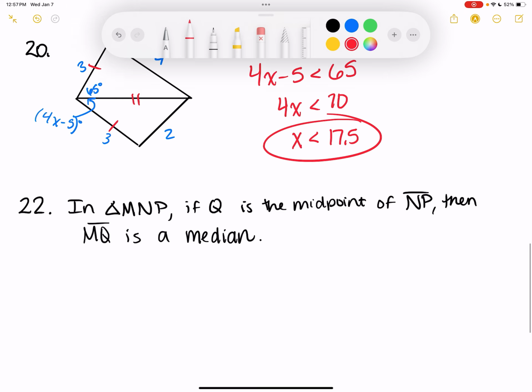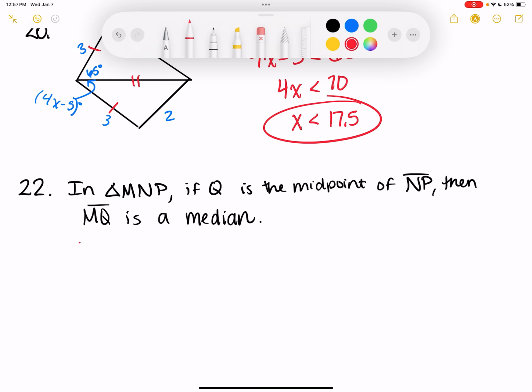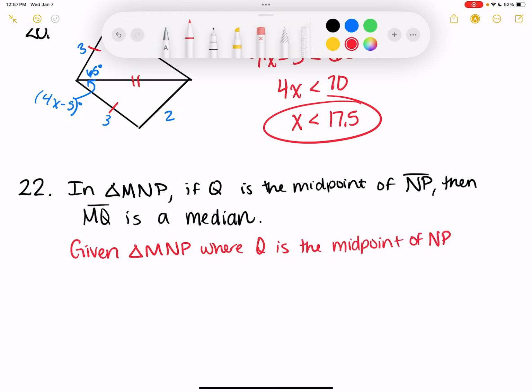So the first step of this indirect proof would be given triangle MNP, where Q is the midpoint of NP, assume, so notice I'm changing then to assume, MQ is not a median. And that's all you'd have to put on that, because that's just your first step there.